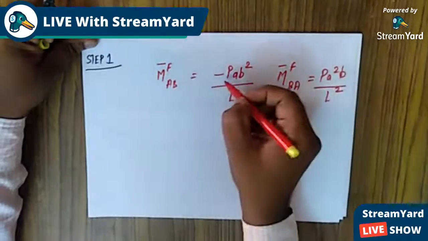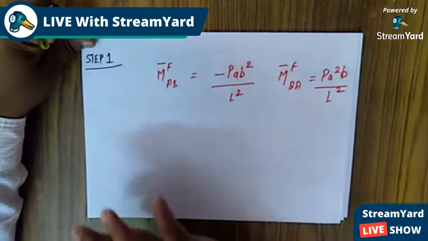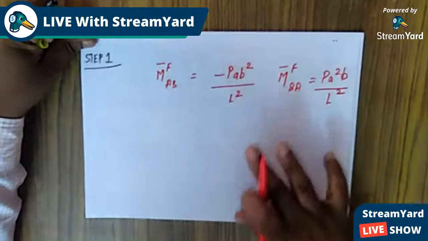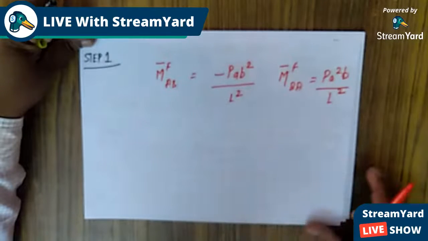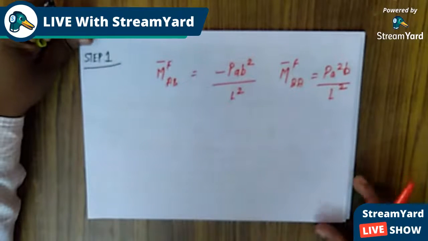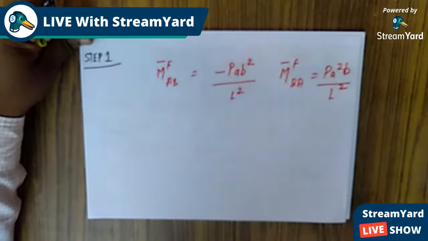This is positive and this is negative. So overall, these are the fixed end moments which are developed at joints A and B due to the loading on the span AB.